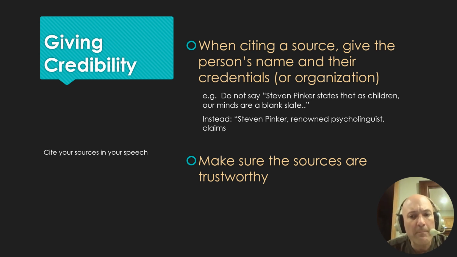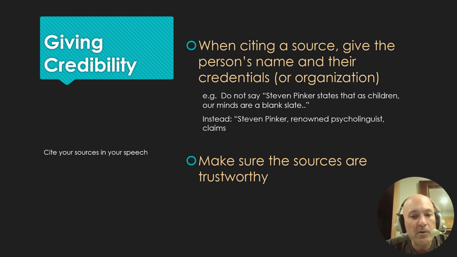Same thing with websites and same thing with journals. If you can say why this is important. So ABC site, a common site for investigating whatever. So now we have a better idea of why that source is important.